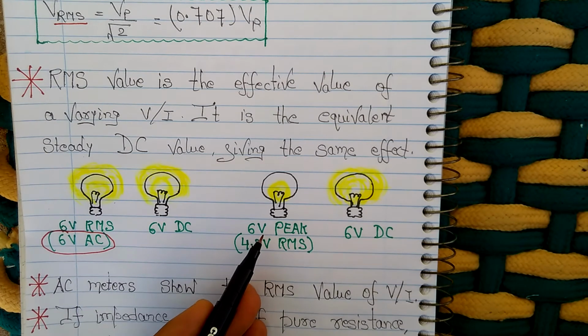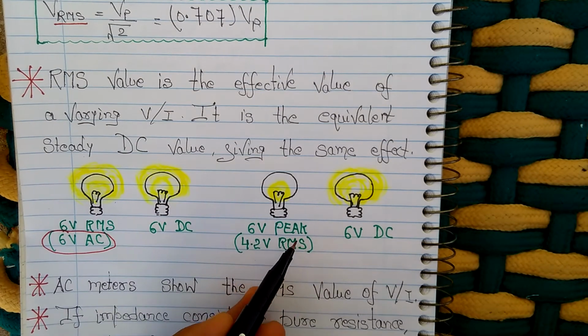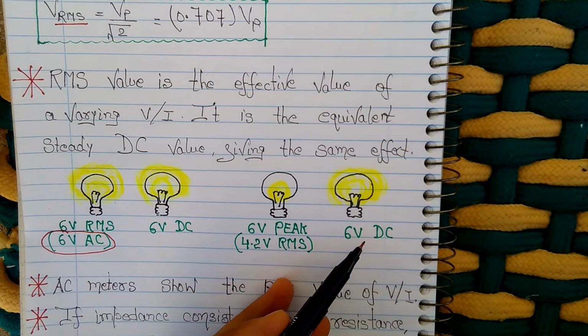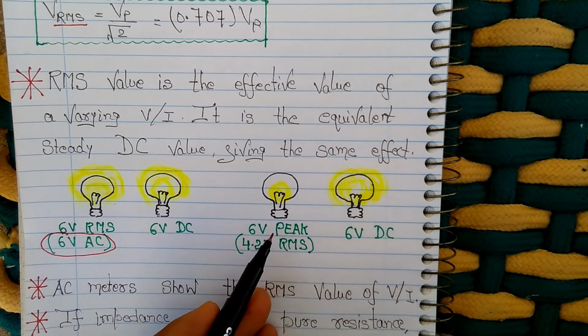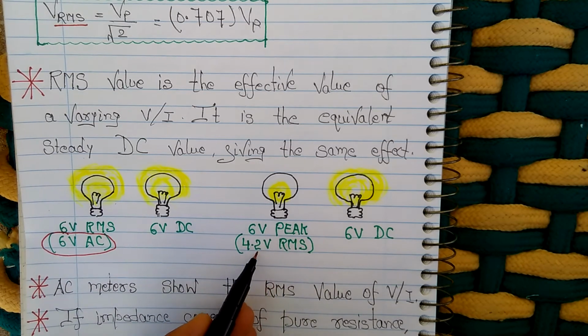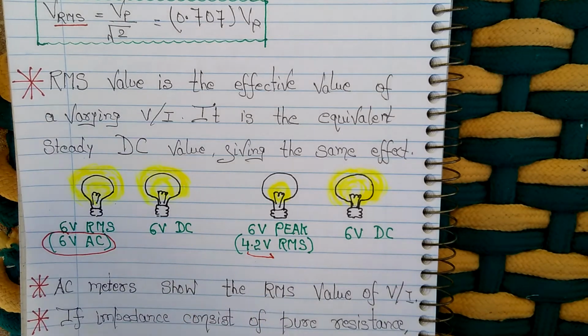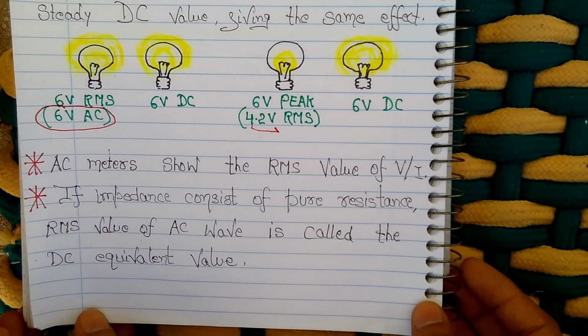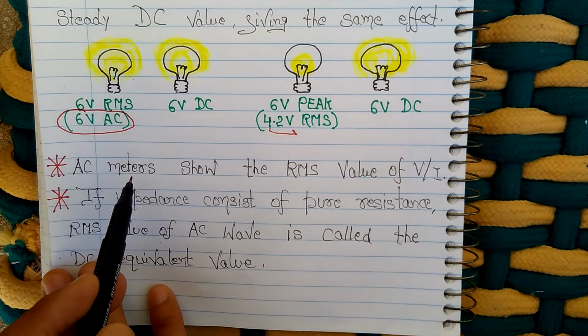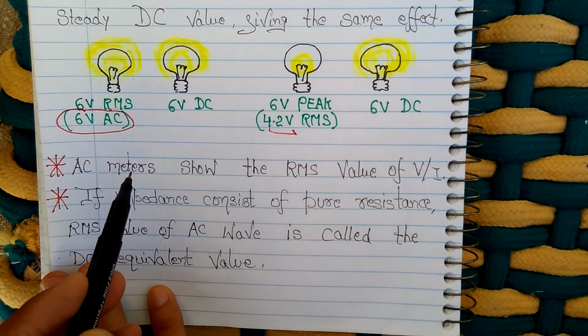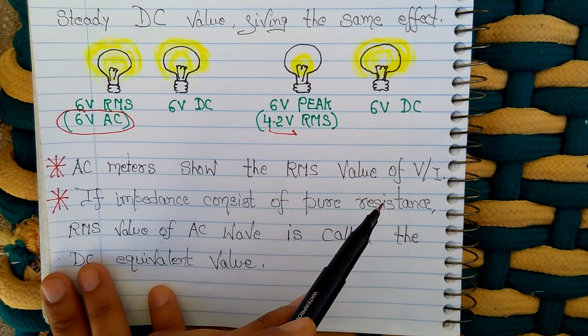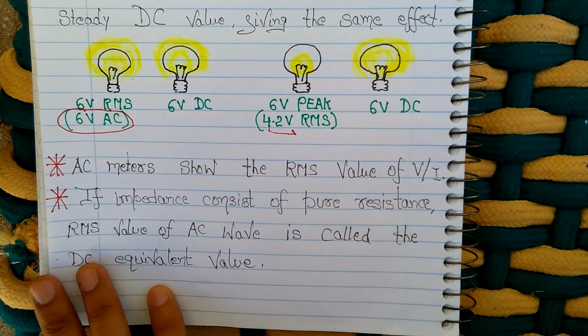Now if you give 6 volt peak and 6 volt DC to a bulb, the 6 volt DC will light up more than the 6 volt peak, because if the peak is 6 volt, the RMS will come out to be 4.2 volt. There is one more thing. All the AC meters, be it ammeter, voltmeter, or any kind of meter, always show the RMS value of voltage or current.